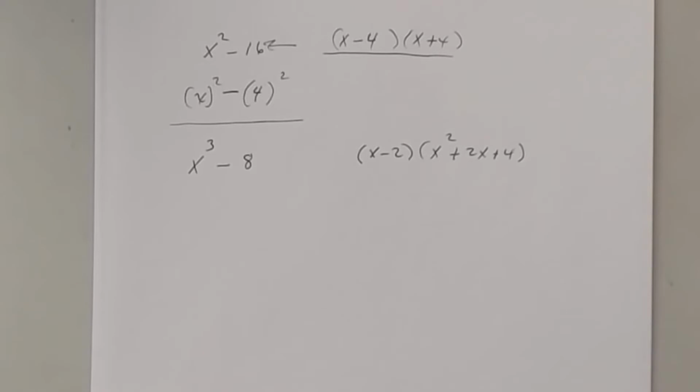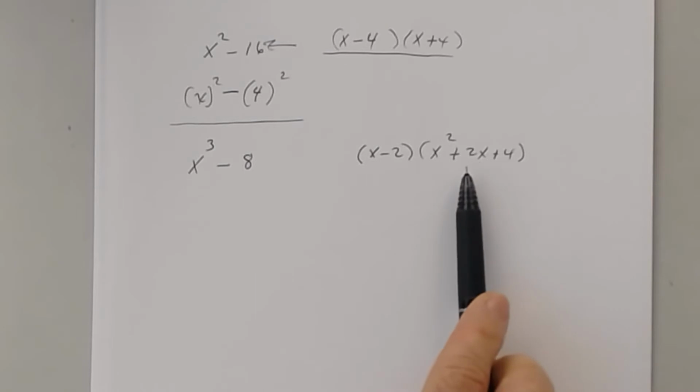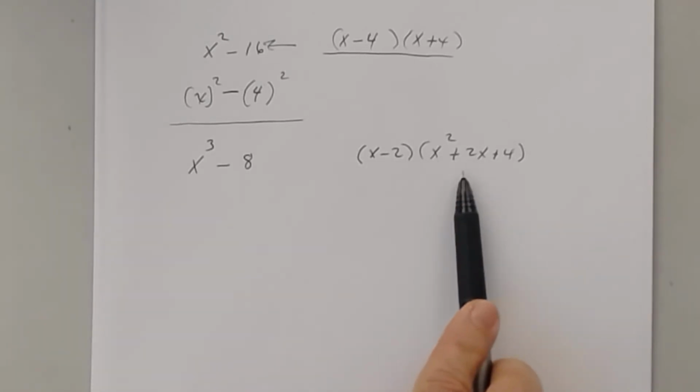When can you use a FOIL method? When you're multiplying 2 binomials. One's a binomial, the other one is a trinomial. So you may remember in Math 98 last semester that when you have a binomial times a trinomial, you use the distributive property, not the FOIL method, although the FOIL is a type of distributive property.